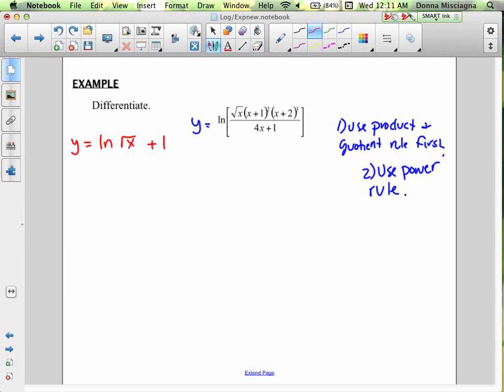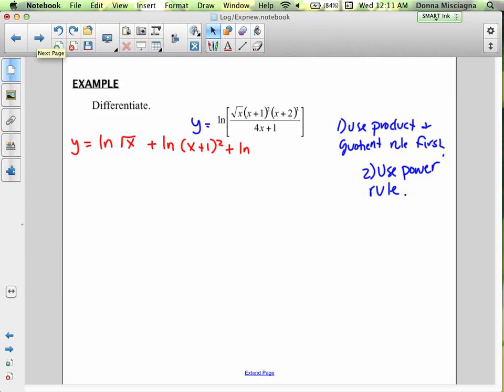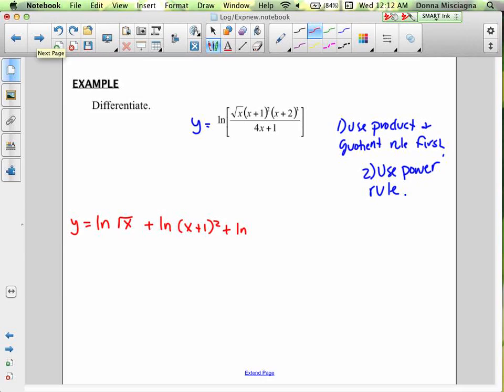plus natural log of x plus 1 squared plus natural log, actually, let's move this down just a bit. I don't think I need that much room. This way, I have enough room to keep writing across. Plus the natural log of x plus 2 cubed minus natural log of 4x plus 1.